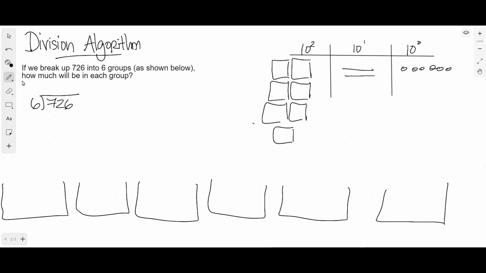So we should notice that this right here is a group of 6 100s, and I can break those up to equally fit in here. So I'm just going to split those. So it goes in here, goes in here, goes in here, and so on and so forth. I'm not going to draw them all out because that's going to take forever.